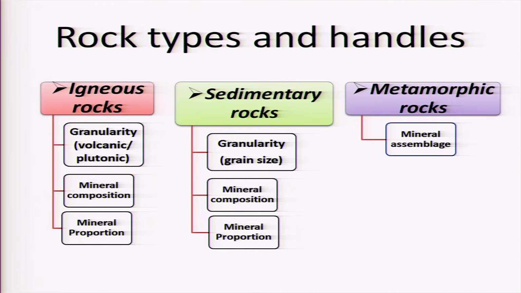However, we cannot apply these criteria to metamorphic rocks as we saw earlier, because neither the amount of mineral nor the size tells us about the metamorphic transformation, and each metamorphic rock is characterized by a set of minerals which is called a mineral assemblage.